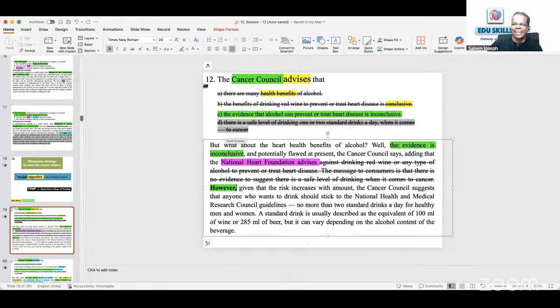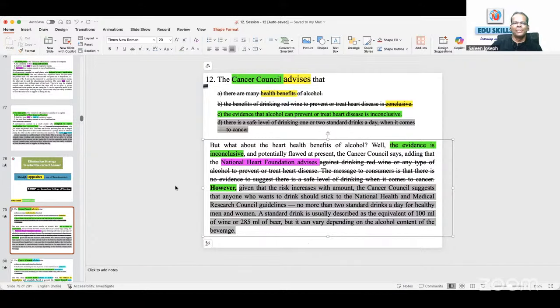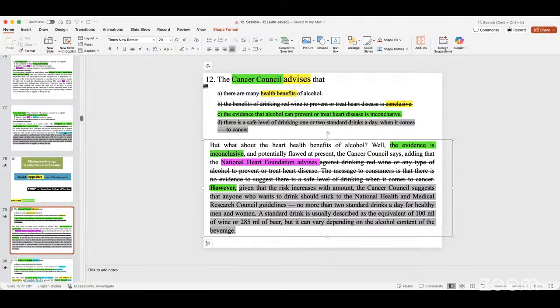Now, this answer is in the topic sentence. However, in this portion, the next question, which we are not dealing with now, the answer is here. The next question is about the safe level of drinking. Do you understand? There are two questions from this paragraph.